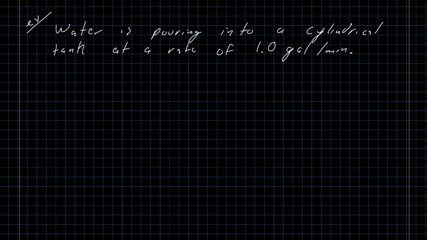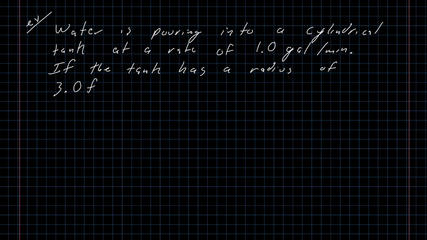Water is pouring into a cylindrical tank at a rate of 1.0 gallons per minute.